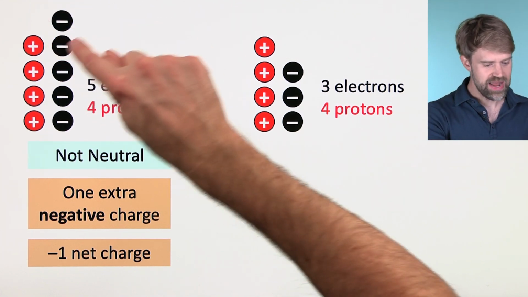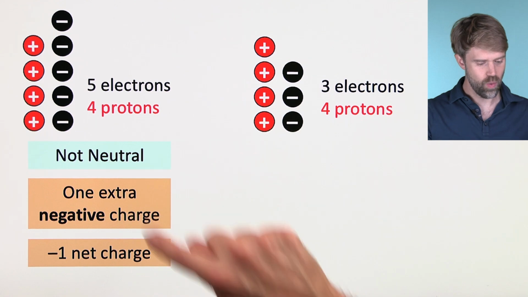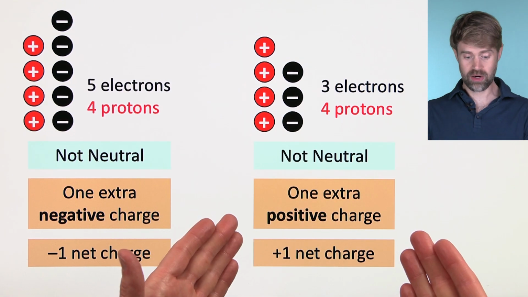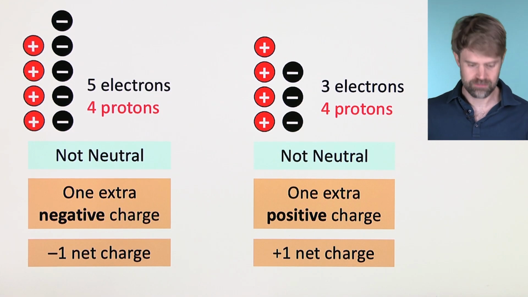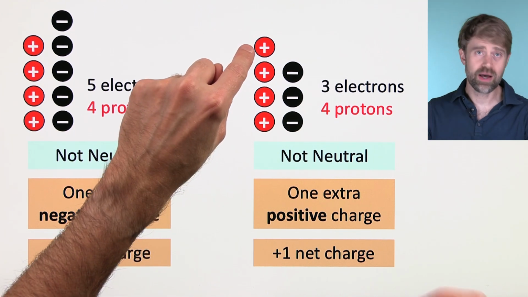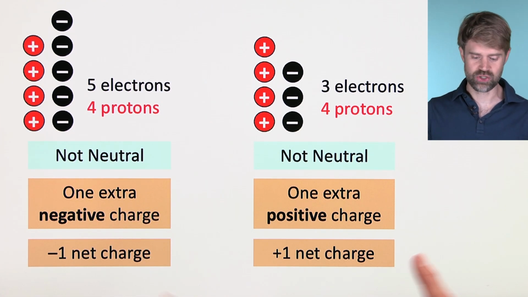So the net charge, the total charge of this atom is -1 from this 1 extra electron. Over here, we have 1 more proton that isn't getting balanced out. Protons have a positive charge, so we have 1 extra positive charge, giving us a +1 net charge.